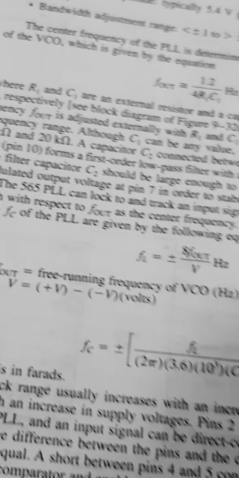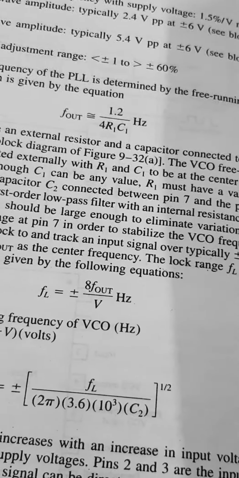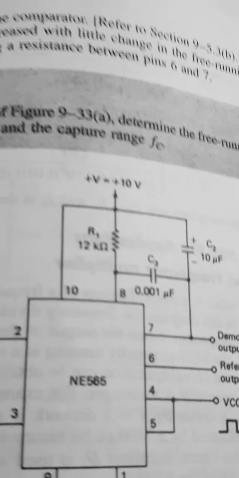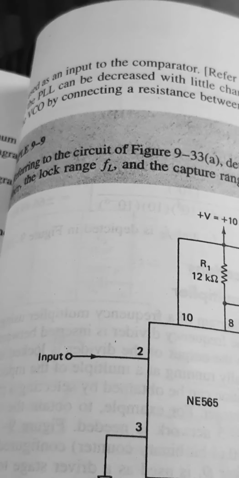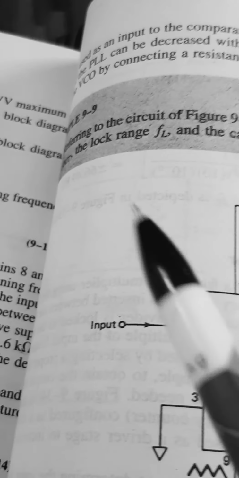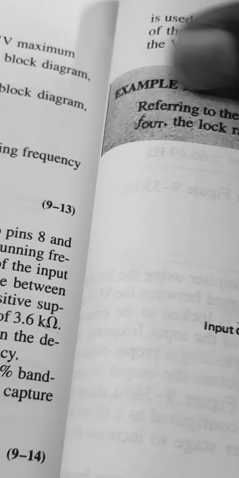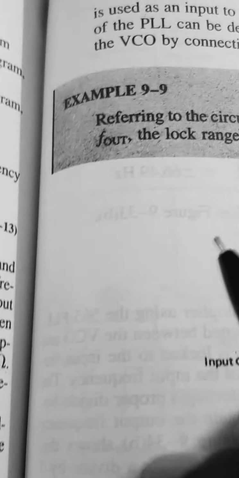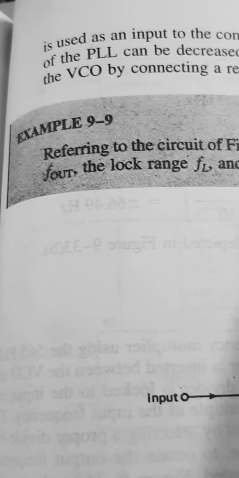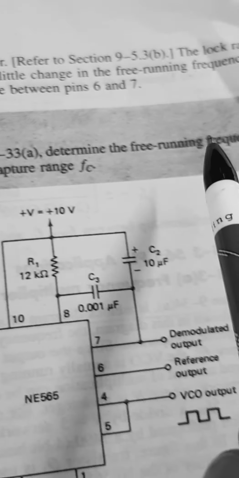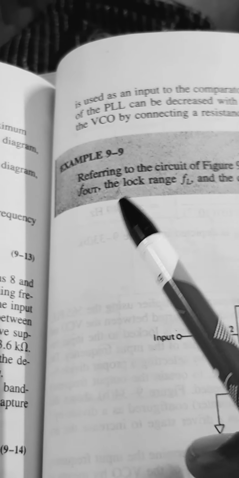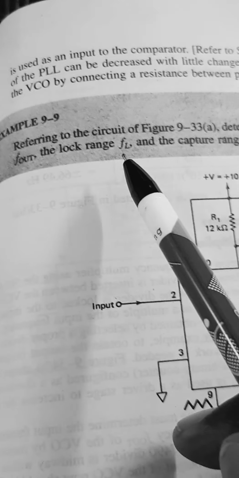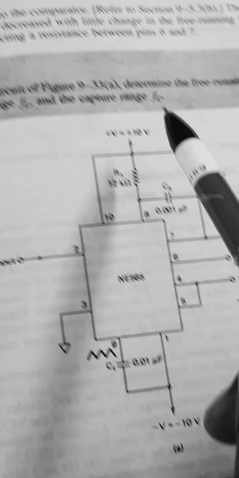So that's about this PLL. Now we can see one problem. Referring to the circuit of the figure, determine the free running frequency F out, lock range FL, and the capture range FC.